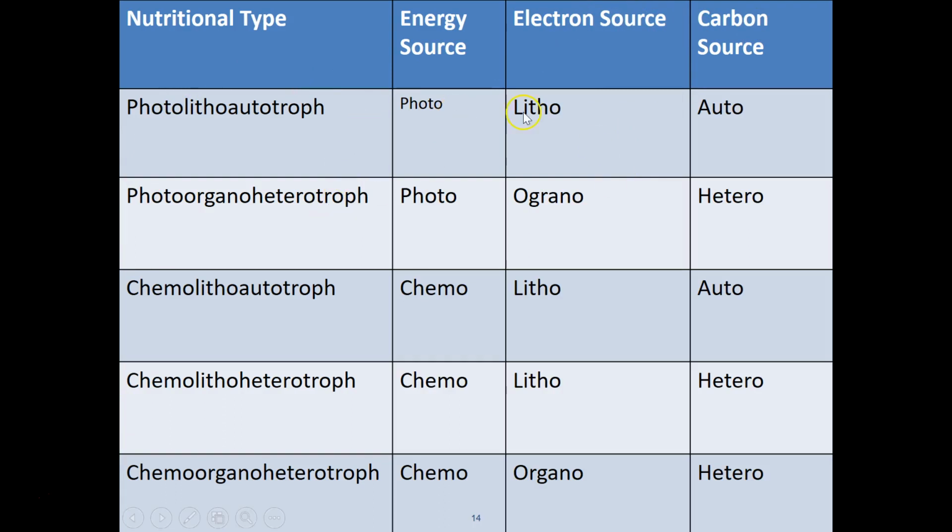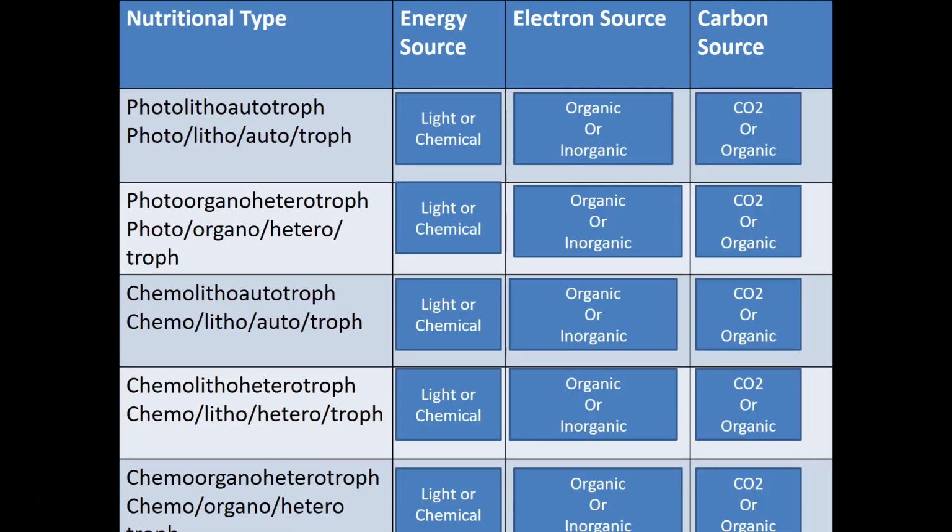So photo, litho, auto; photo, organo, hetero. That puts it into each one of the classifications. We talk about energy, then electrons, and then carbon source when we use these terms.